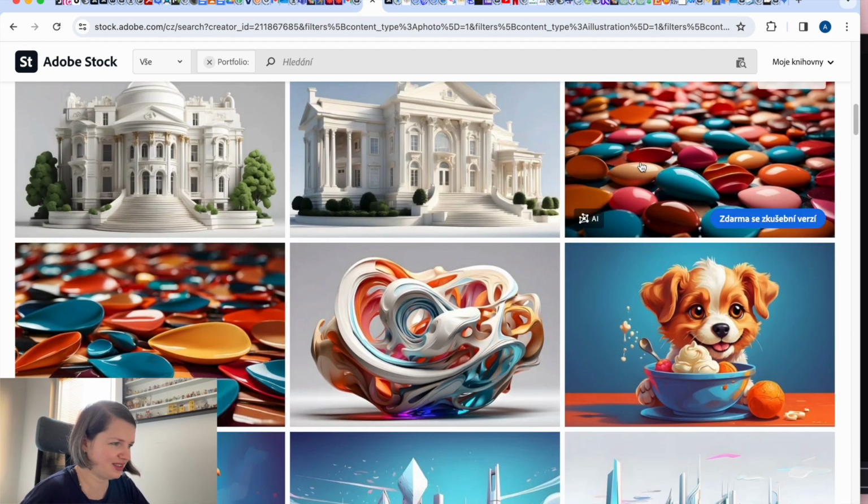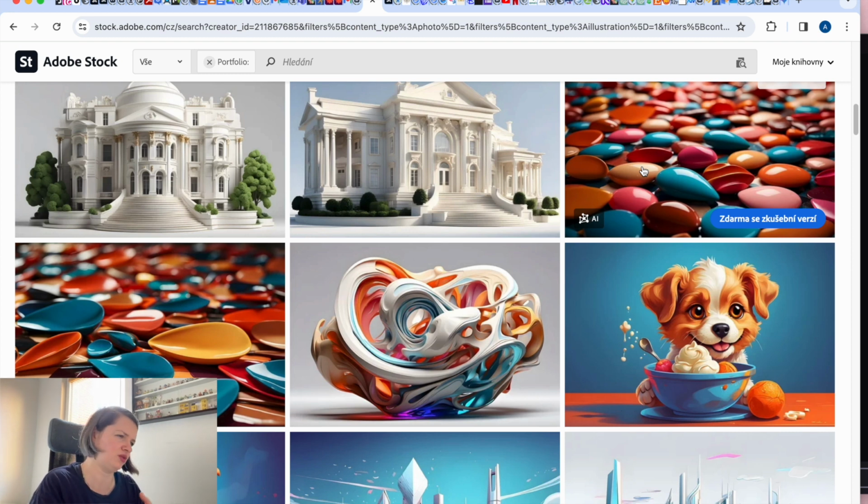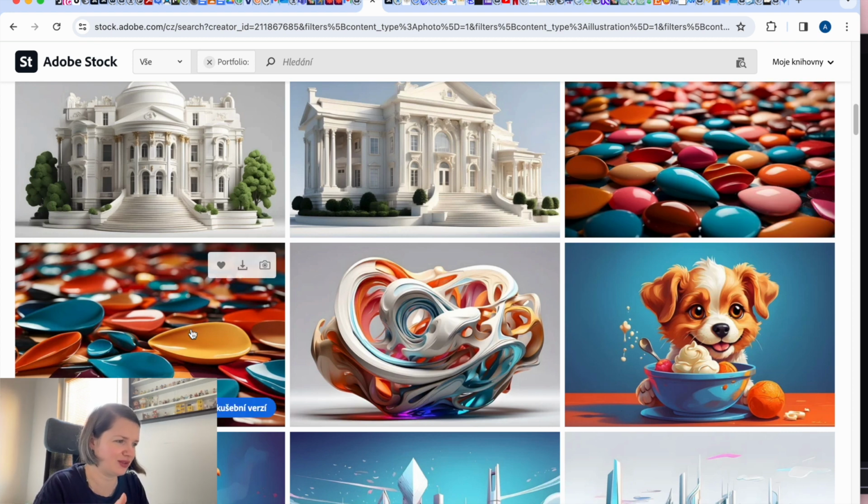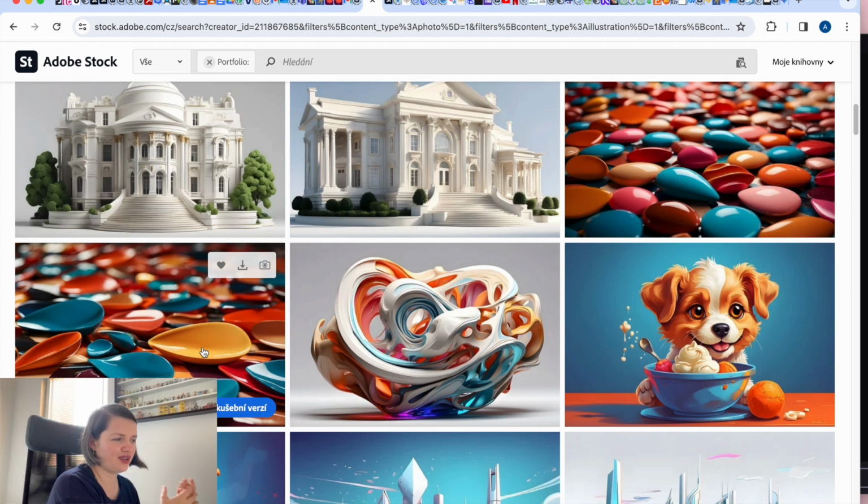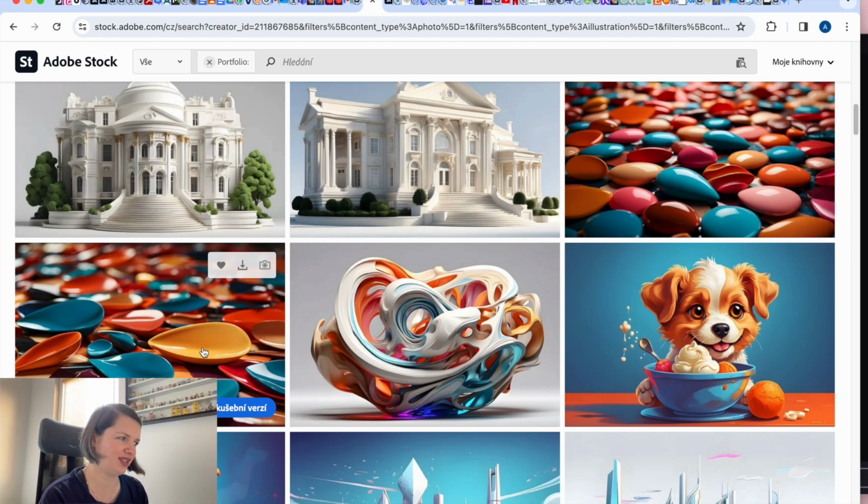It's abstract to a point, but it looks like candy, or some colorful stones. This looks like a weird thick confetti or something. So it's not too abstract, but it's not something concrete in particular, so I cannot actually imagine the use for this image.